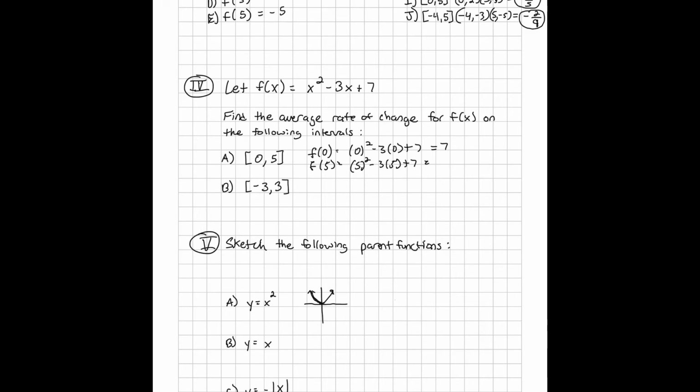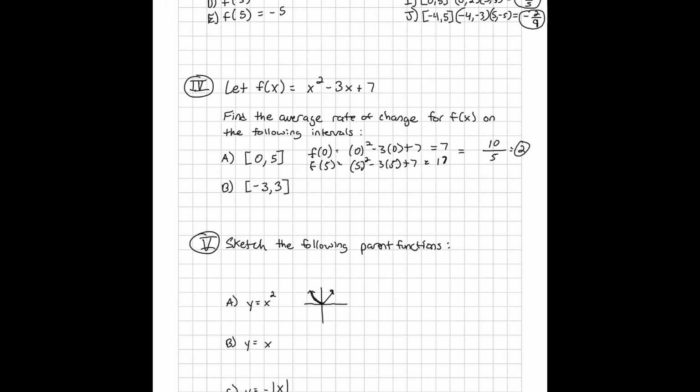Minus 15 is 10. Plus 7 is 17. So you're going from 0, 7 to 5, 17. That's going to be a positive slope. The rise distance is 10. The run distance is 5. That gives me a positive slope of 2.